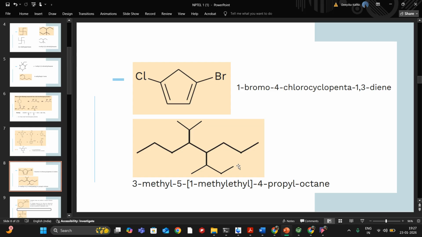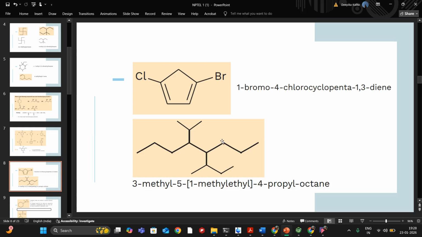Hence, the direction will start from here, and the first substituent, which is methyl, will get the number 3. So likewise, you can try to name the complete compound with the help of the questions we have already solved, and the name will be 3-methyl, 5-(1-methylethyl), 4-propyl octane.